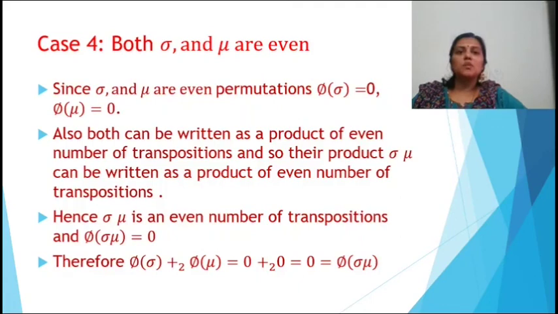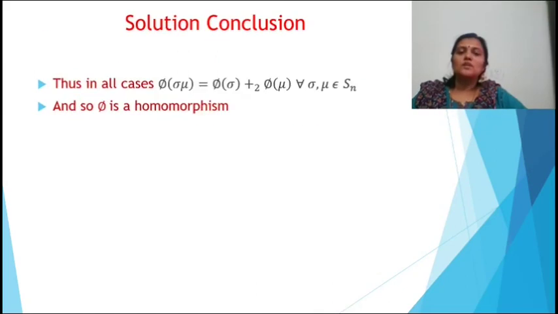So phi of sigma mu is equal to 0. Now consider phi of sigma addition modulo 2 phi of mu, which is equal to 0 addition modulo 2 0, which is equal to 0, which is equal to phi of sigma mu. Now in all cases phi of sigma mu is equal to phi of sigma addition modulo 2 phi of mu for all sigma, mu element of Sn. So we can conclude that phi is a homomorphism.